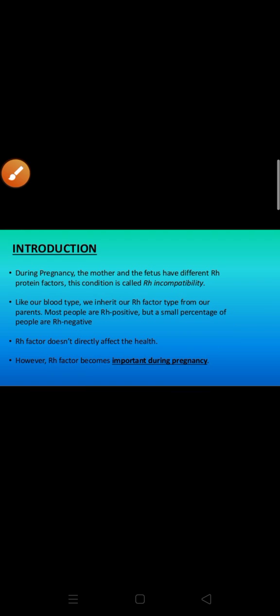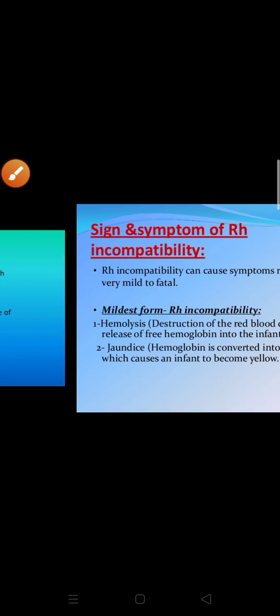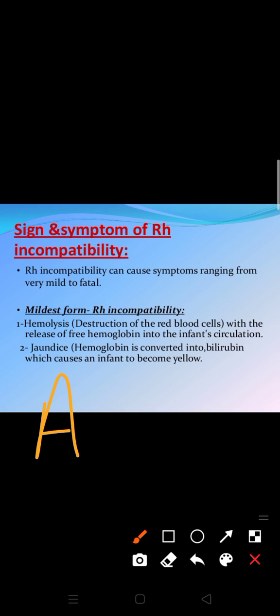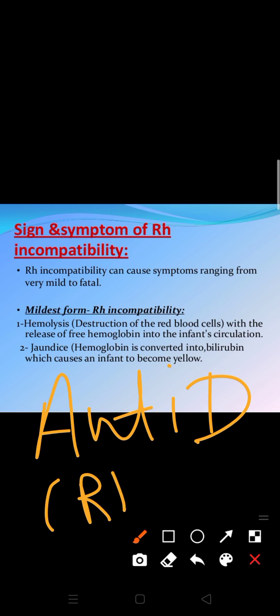But nowadays this can be cured. How can it be cured? There is a kind of medicine available for the prevention of this problem. It is known as anti-D, because you all know D is the gene responsible for this. Another name is RhoGAM.